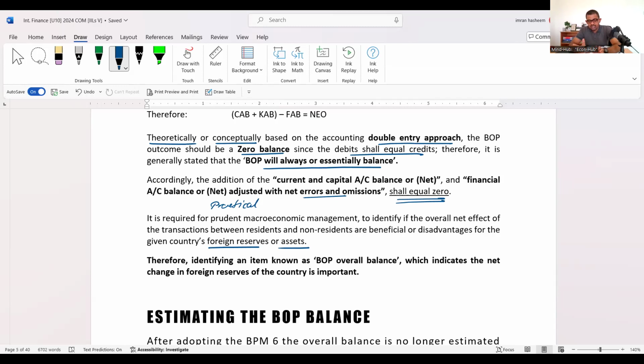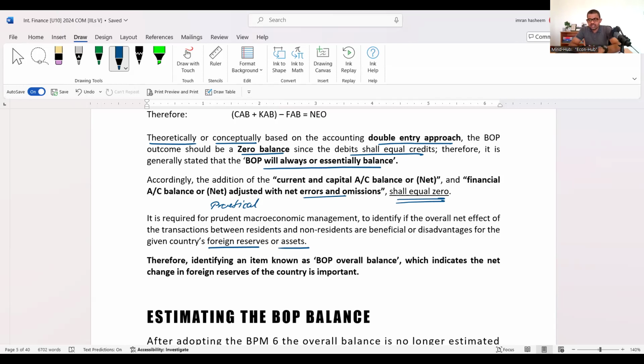we will see CAB plus KAB, okay, plus FAB adjusted with net errors and omissions will lead to a zero balance. So then we will look at the BOP statement and say, no problem, no impact, everything has worked nicely, zero balance, job done. But is that the actual case?